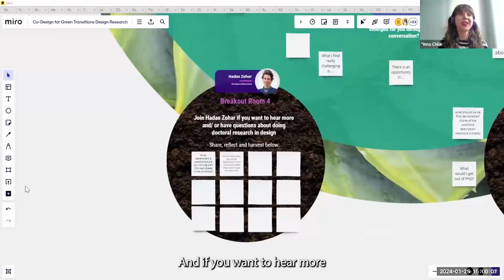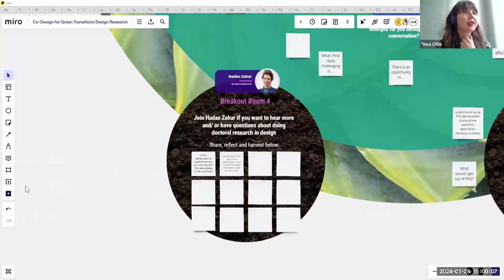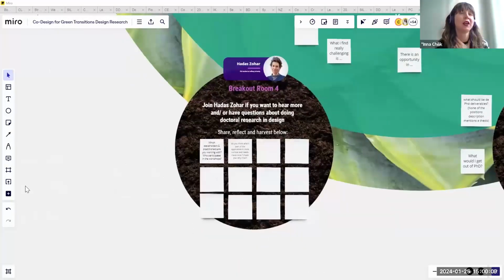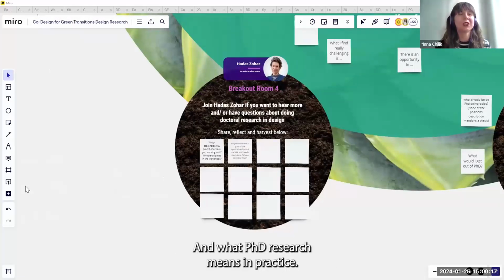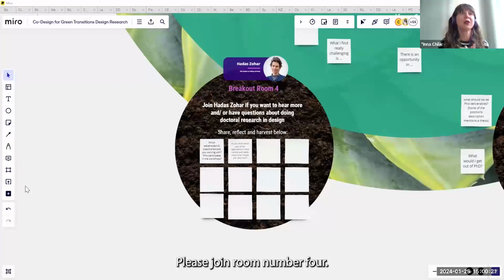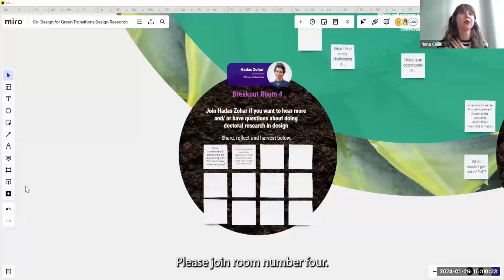And if you want to hear more about doing the research in practice, and similar questions around what that means on a daily basis and what PhD research means in practice, please join room number 4.